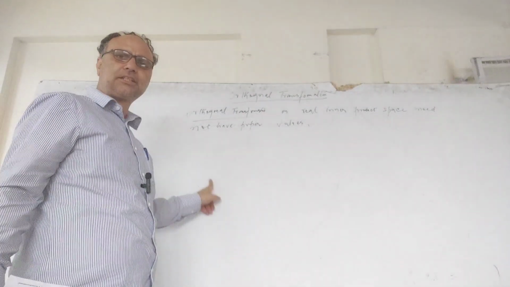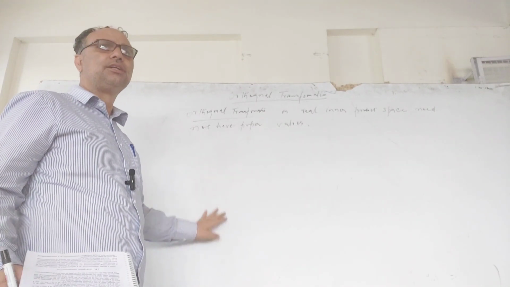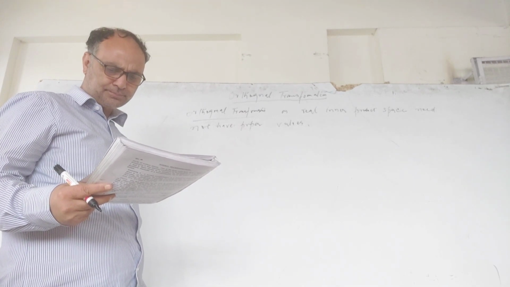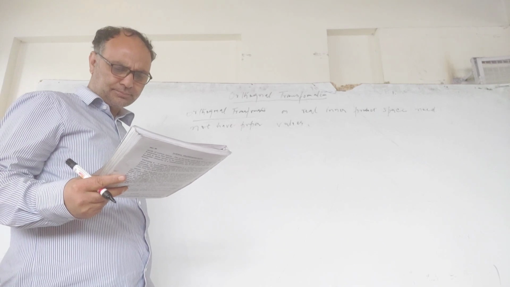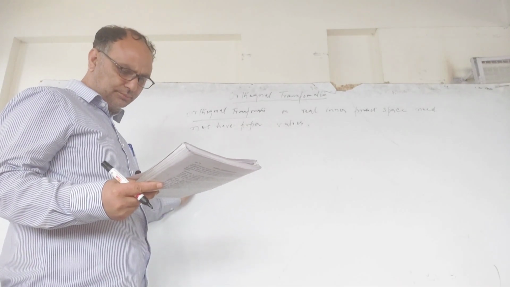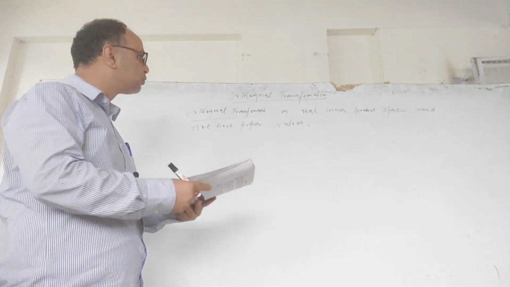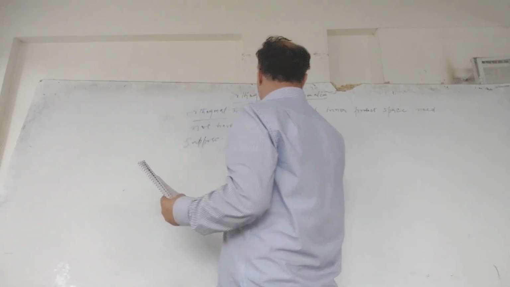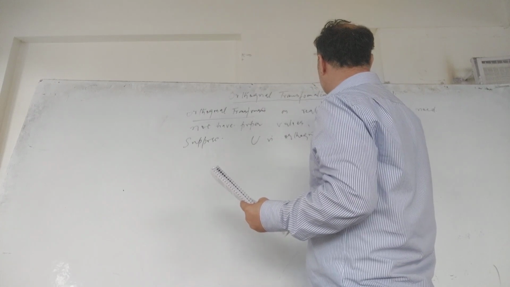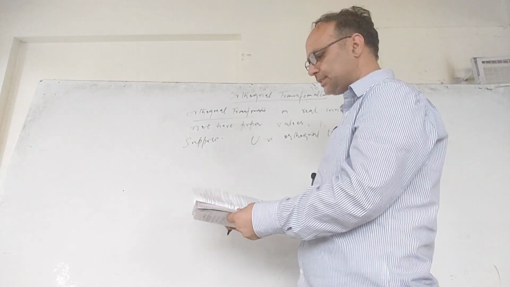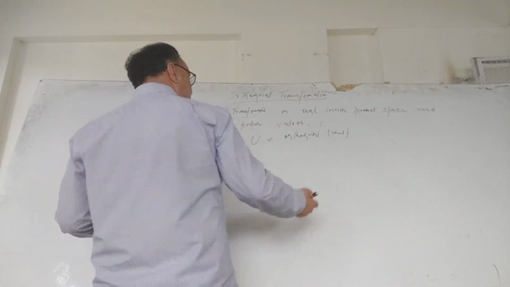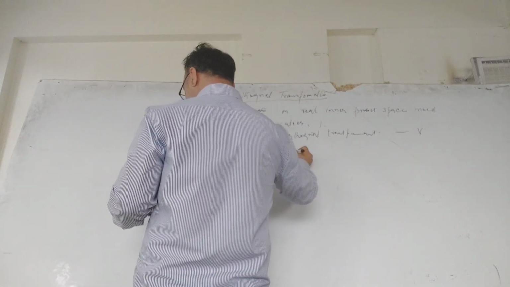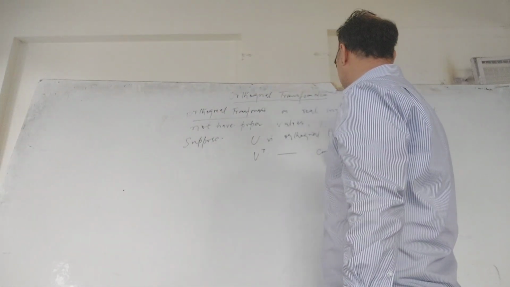So the theory of complexifications was invoked here. Suppose U is an orthogonal transformation on a finite dimensional inner product space V, and let U plus be its extension in terms of complexifications.